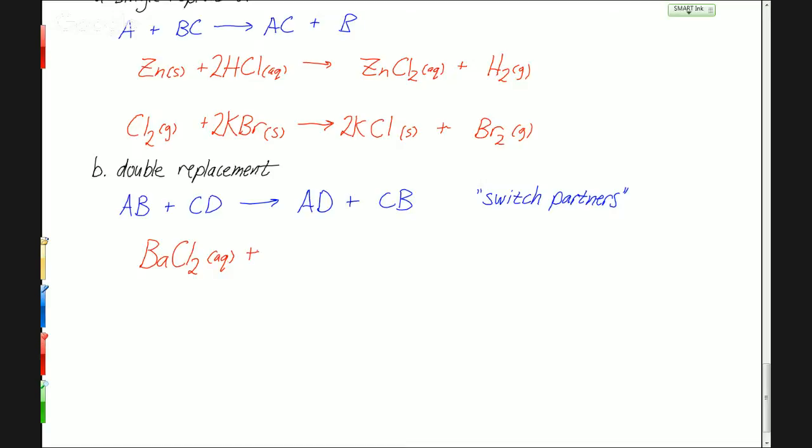What's BaCl2? Barium chloride, right? So here's barium chloride, and what is the next compound called? Sodium sulfate, right? Barium chloride and sodium sulfate. So can you pick out the AB and the CD?